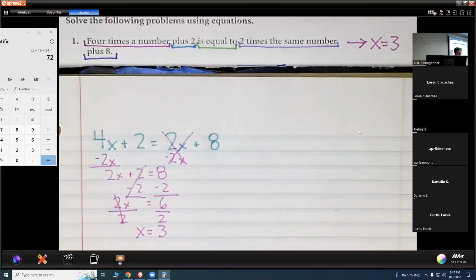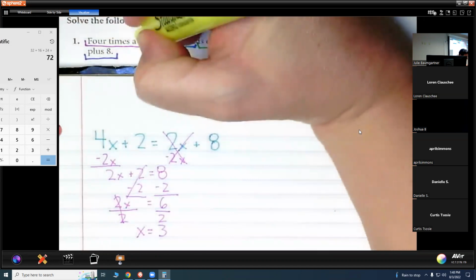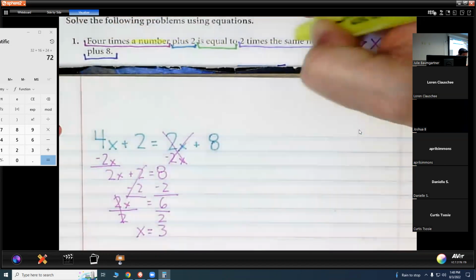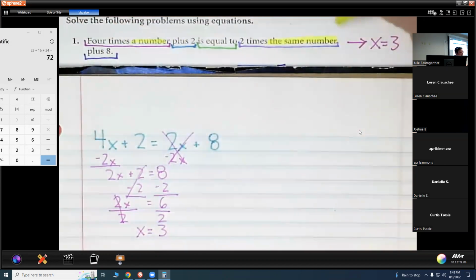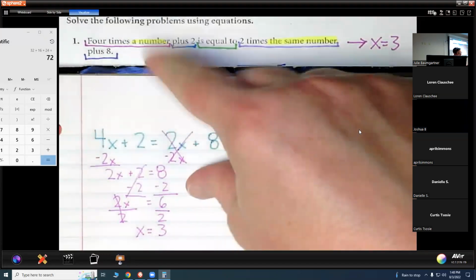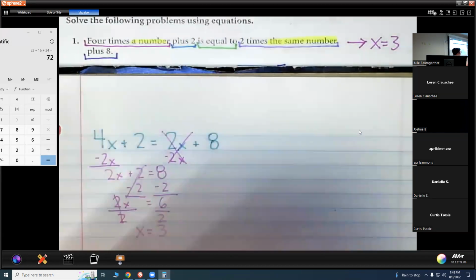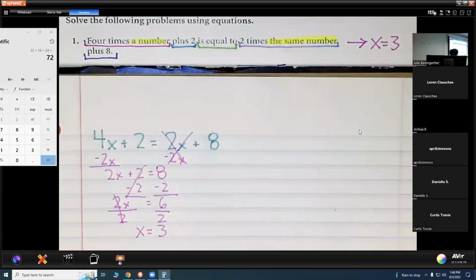Okay, yeah, and the other thing to always be looking for is knowing where the variable is. If it's just 4 times a number, then that's where your variable is going to go. It said multiply 4.